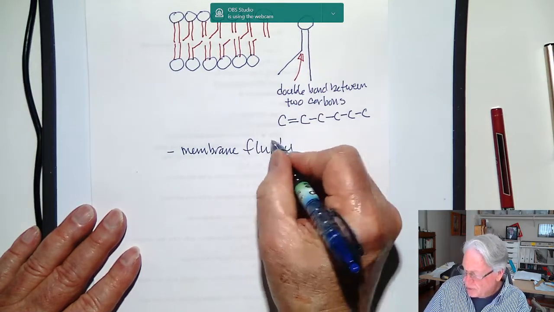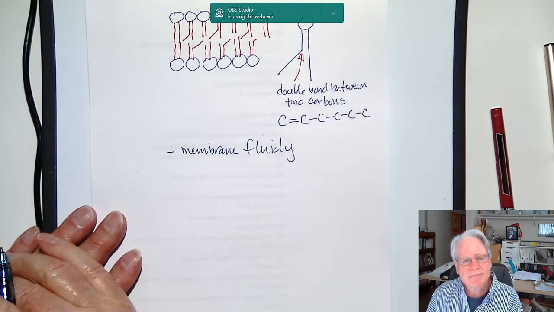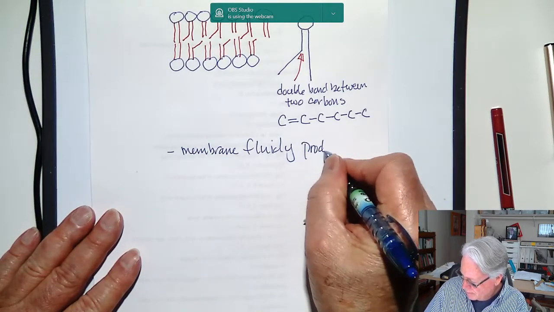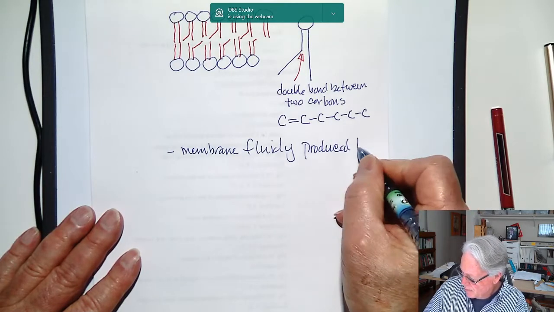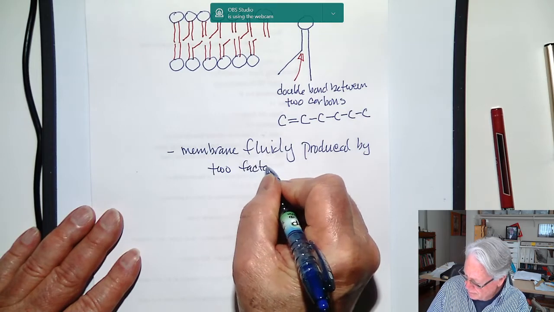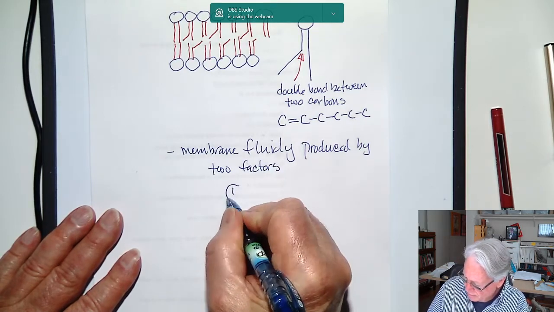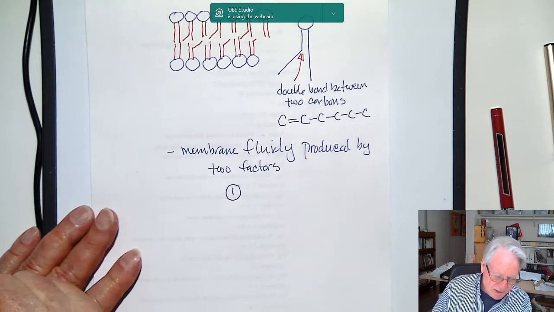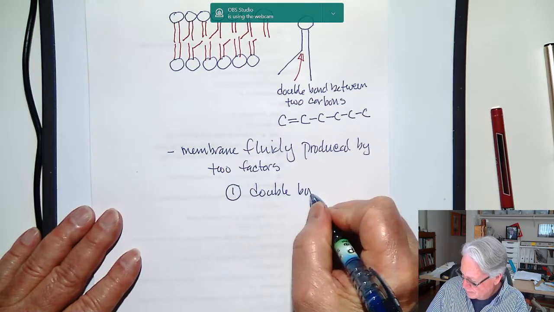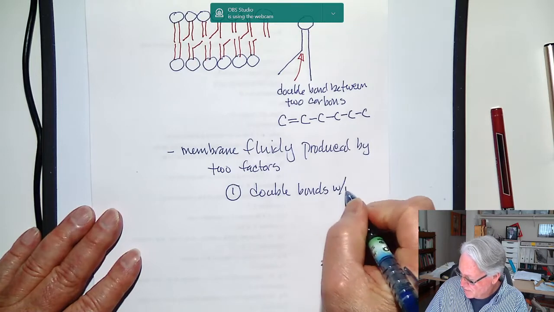Remember, we have this fluid mosaic model. It is produced by two factors. Number one, the double bonds within fatty acids.